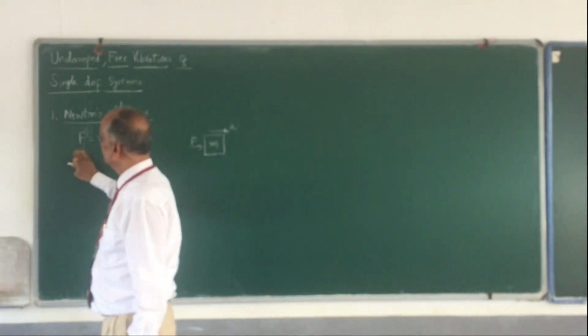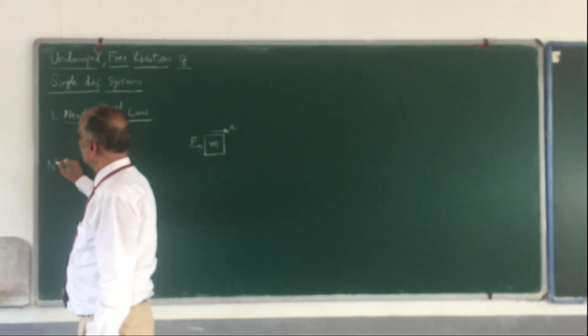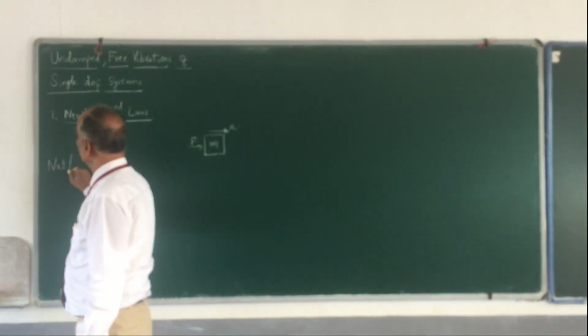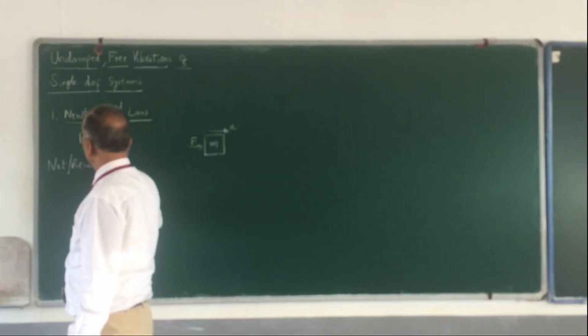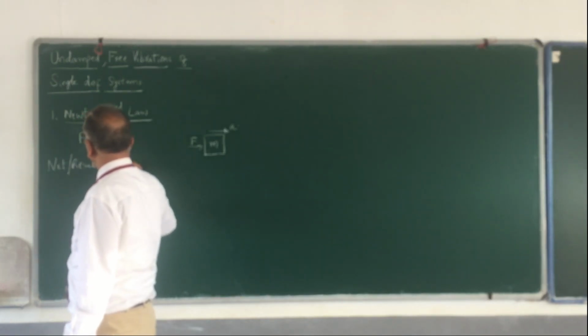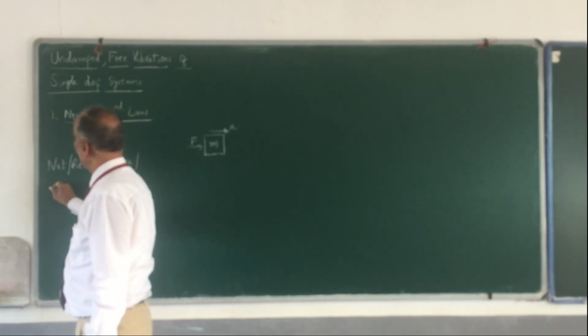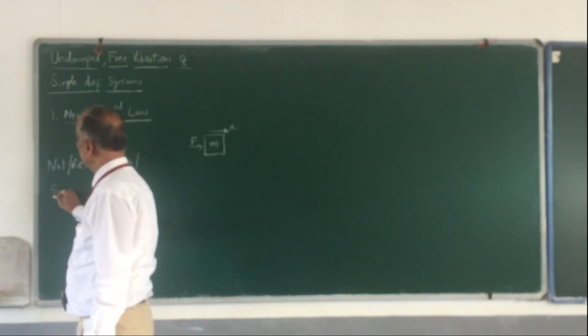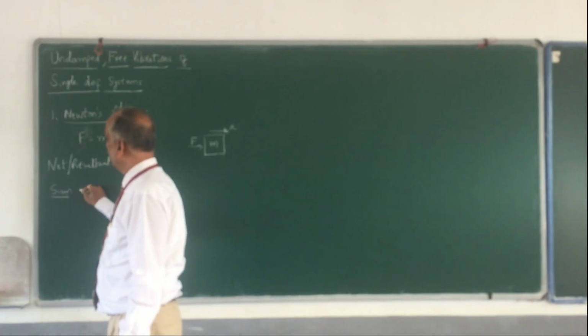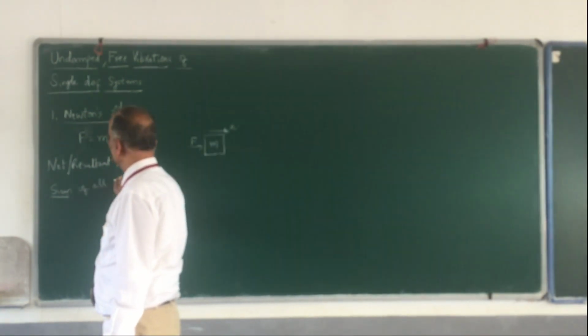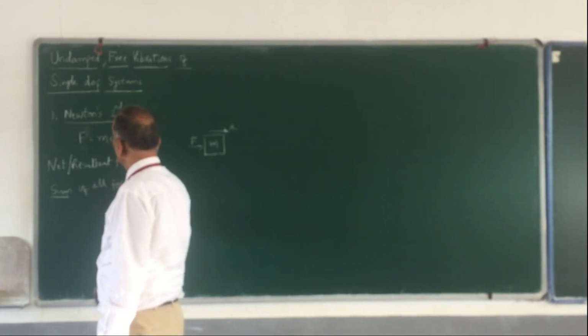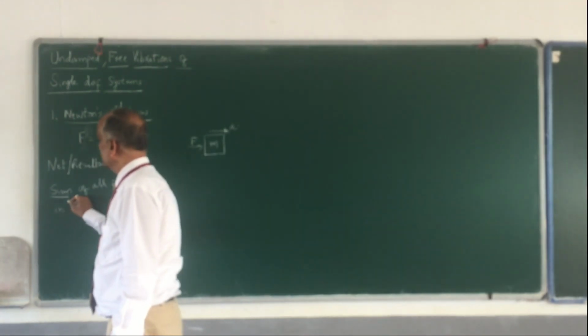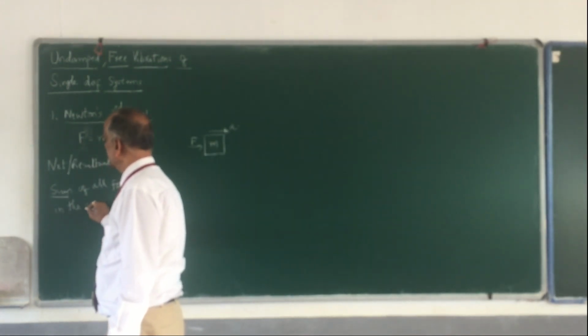The right hand side is the net or resultant force, or the sum of all forces. Sum means the vector sum. Sum of all forces in the direction of acceleration.